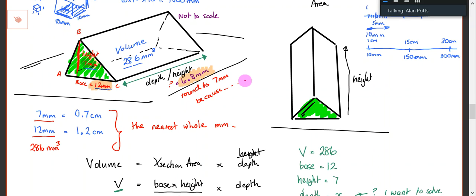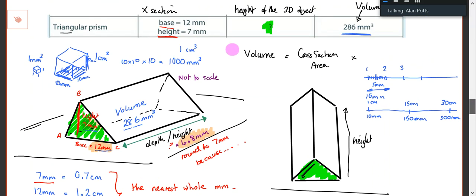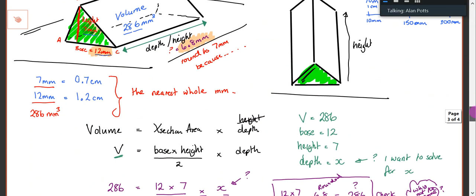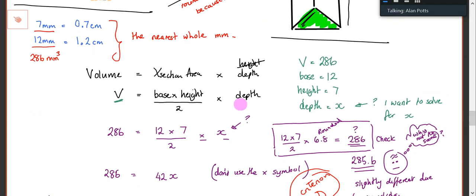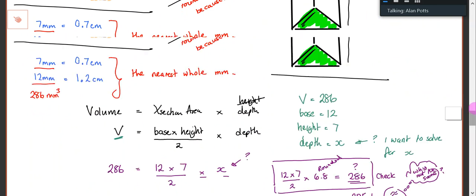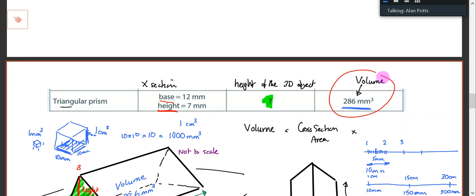There's a lot there, guys. Just to recap what we've just done, we've had to draw a diagram. We've put in the information that I know. I've written the formula for the volume. The reason why I've chosen volume is because I was given volume in the question.